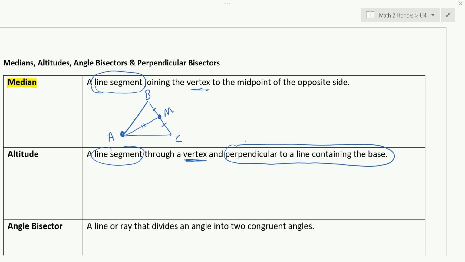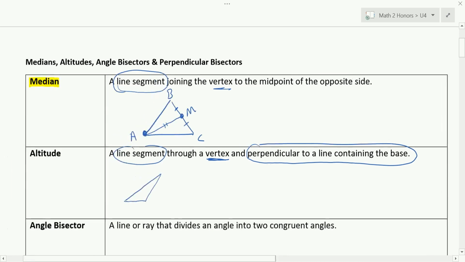What does that mean? Let's take a look. If you have, first let's look at an obtuse triangle. Okay. Do you guys remember how to find the area of a triangle, the formula?